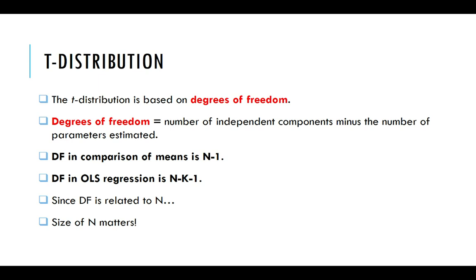Again, let's be clear: our t-distribution is a function of degrees of freedom, and degrees of freedom is a function of n, our number of observations. So when n changes, our degrees of freedom changes, which impacts our t-distribution. Do you see how these are all connected?